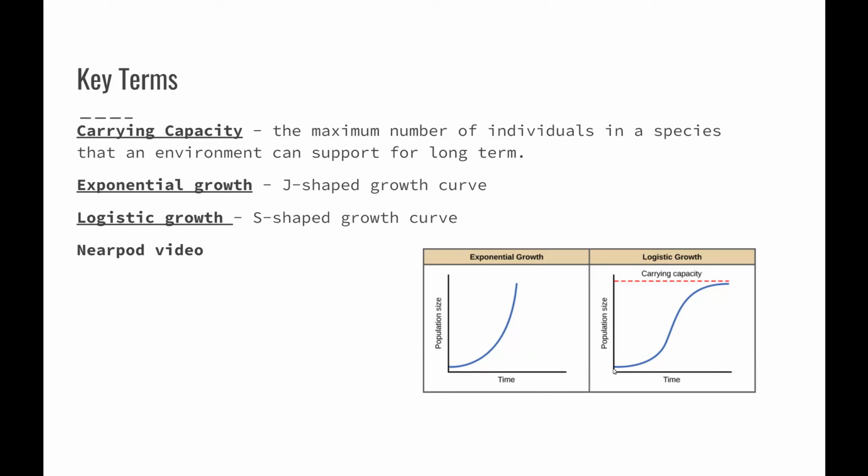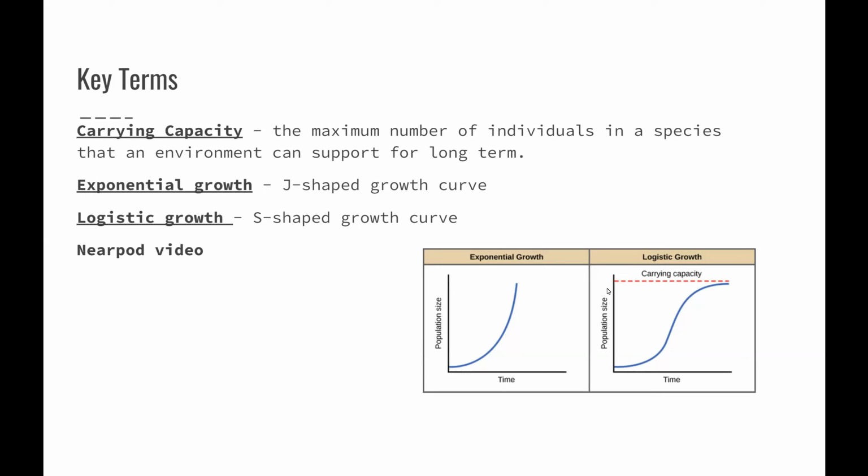So what you see is the population grows exponentially for a certain period of time, but then those limiting factors kick in, and the population cannot continue to grow at that exponential rate, and it begins to slow down and level off. This is called logistic growth, and it looks like an S. Okay.